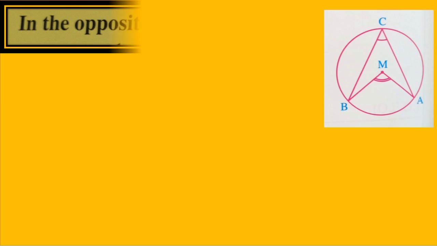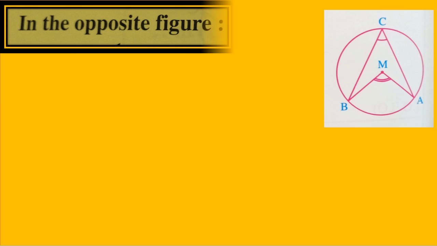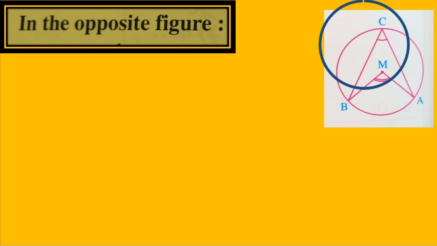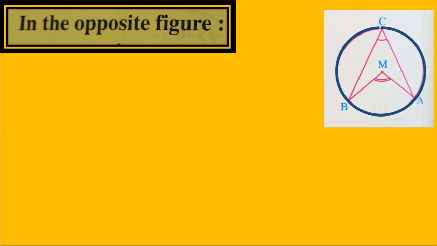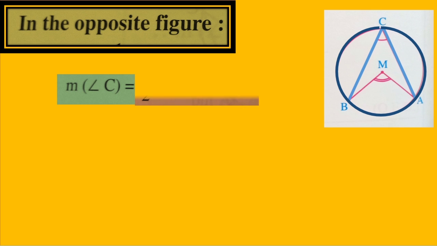I want to show this with this figure. In the figure, I have a circle M, and angle ACB, this is an inscribed angle. I can call this the measure of angle C, subtended by the arc AB, and the central angle here, AMB, this is the central angle.